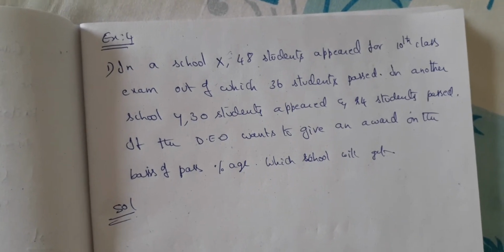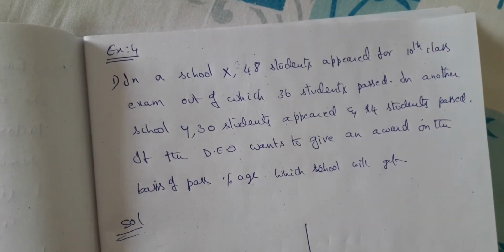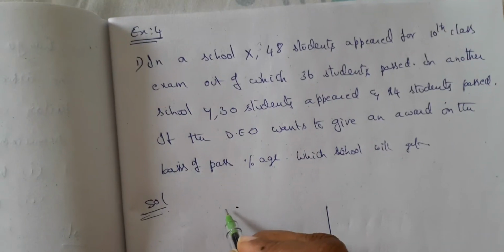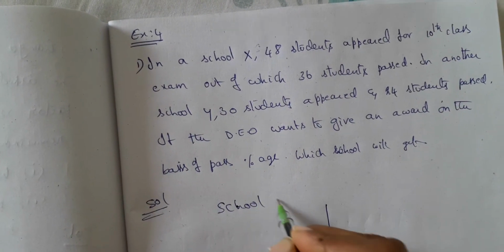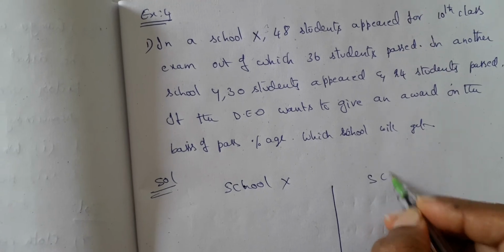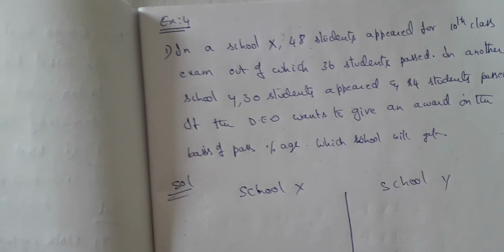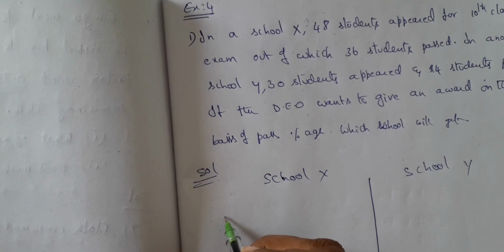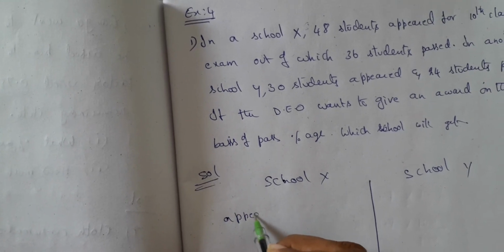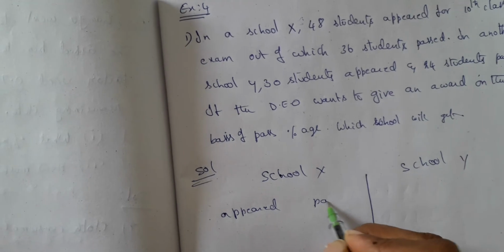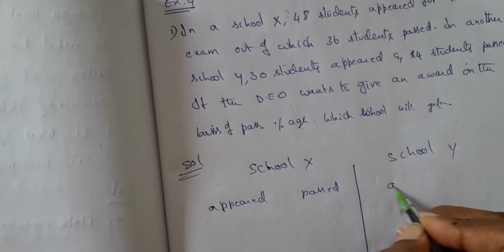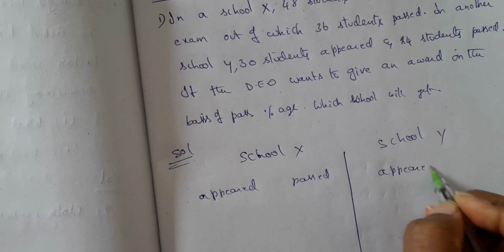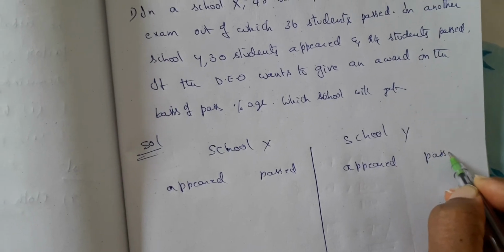So let us take both schools, X and Y. School X, then school Y. We will do it like appeared, passed, and here we want the percentage.